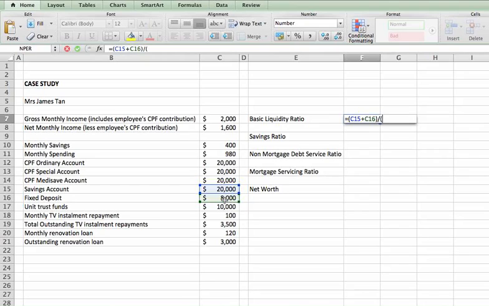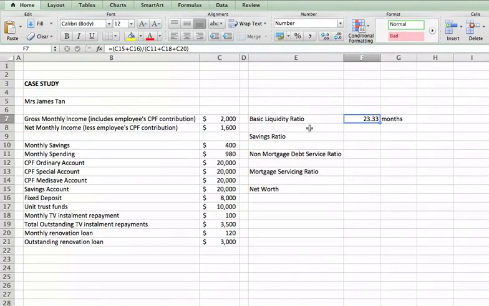Divide by her monthly expenses. This includes her monthly spending of $980, her repayment of the monthly TV installment of $100, and monthly renovation loan of $120. This works out to a basic liquidity ratio of 23.33 months.